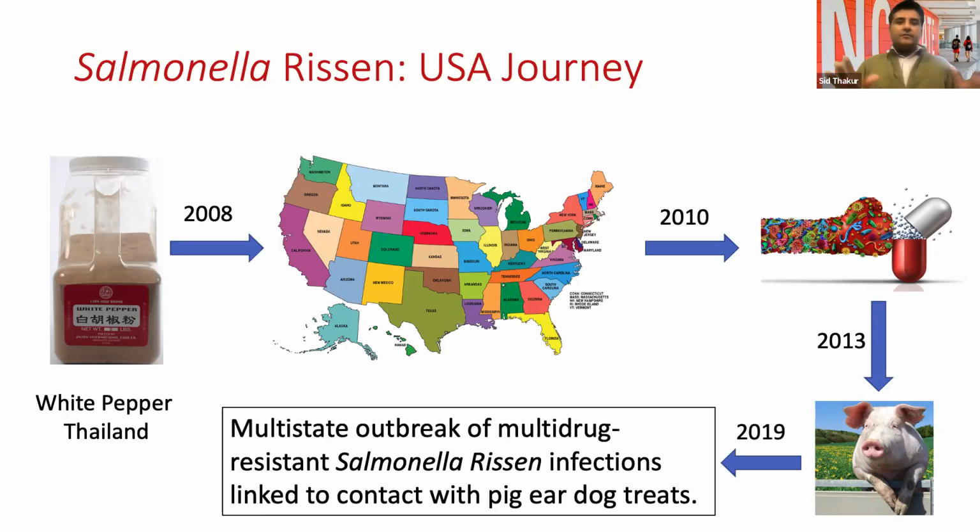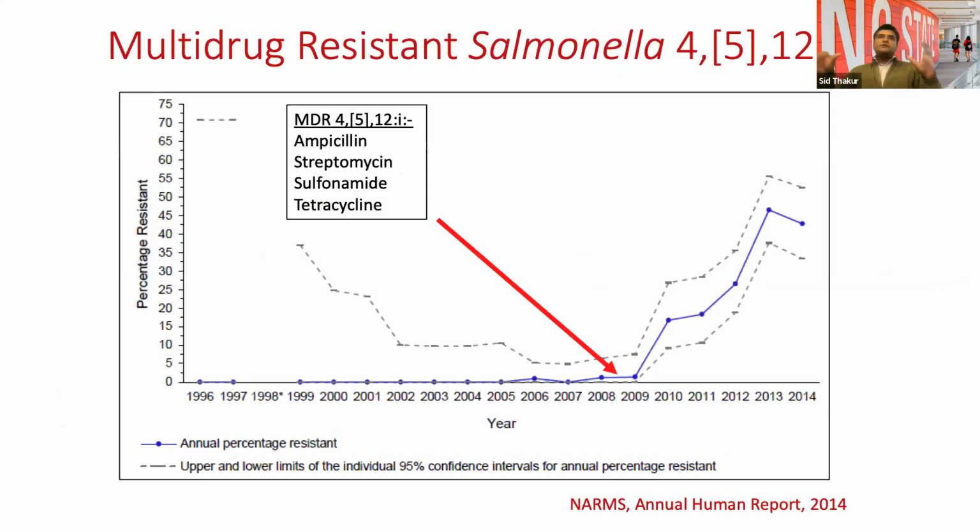So here's another example of a multi-drug resistant salmonella, a particular strain. When I say multi-drug resistant, I do not mean that it's resistant to 3 antimicrobials. I mean, it's resistant to 3 or more classes of antimicrobials. Okay, so this particular one was detected by the CDC at very low levels.